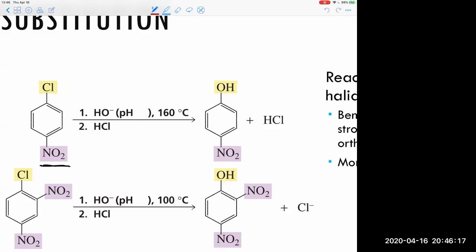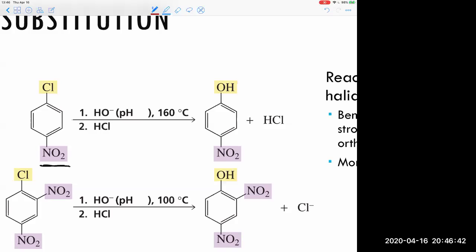All right, so again, if I wanted to, we can just sort of convince ourselves that we know how this would go here. We have our OH group that would attack and eventually be swapped out for that chlorine group. We'll get to reaction mechanisms more specifically here in a second. Of course, resonance is going to play some role, but all we're talking about is substituting a chlorine for an OH.